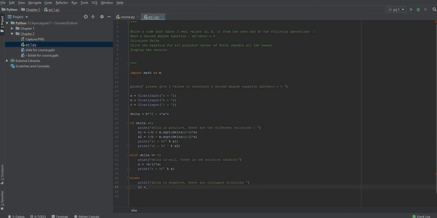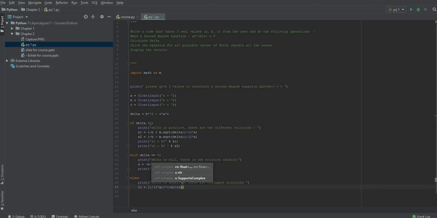So z1 has to be equal to 1 over 2 multiplied by a multiplied by complex, where the first case is for the real value and the second case is for the imaginary value.